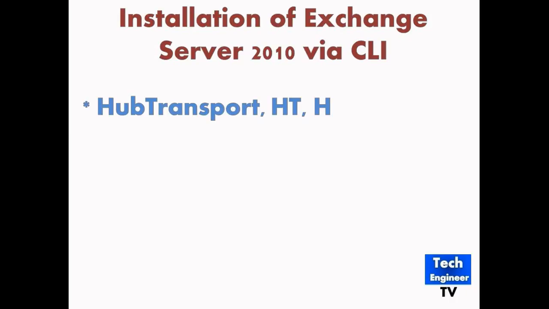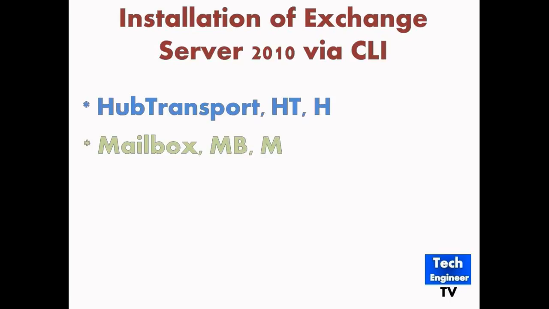A couple of keywords are required. With CLI you have to use keywords. For example, for hub transport, you write HubTransport, or HT, or H.